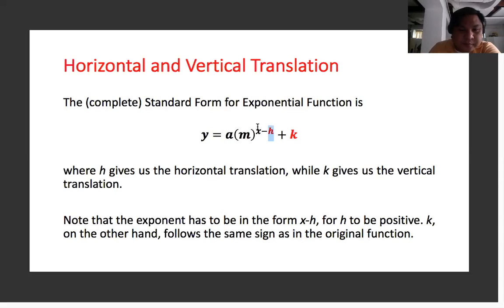Okay. So while h follows the opposite sign, k follows the real sign. So if it were plus here, then you consider k to be positive. If it were negative over here, then you would consider k to be negative, which is of course a shift down.